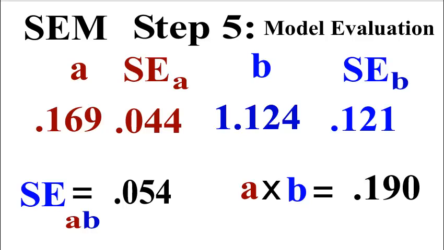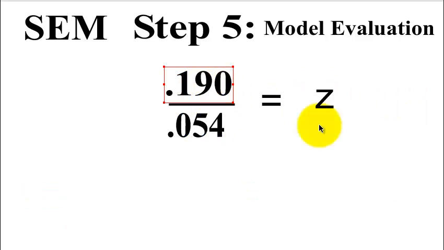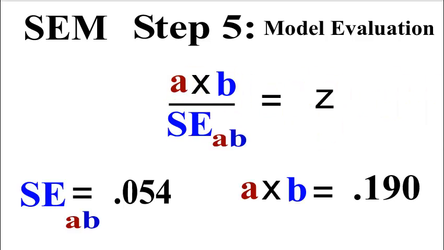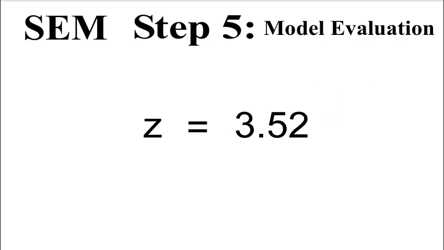Then we go back to our original z formula, which needs A times B. We take A times B and divide that by the standard error of the shared AB regressions. So 0.190 goes on the top, 0.054 goes on the bottom. That gives us a z-score of 3.52.